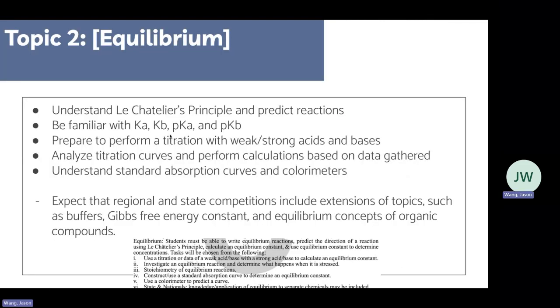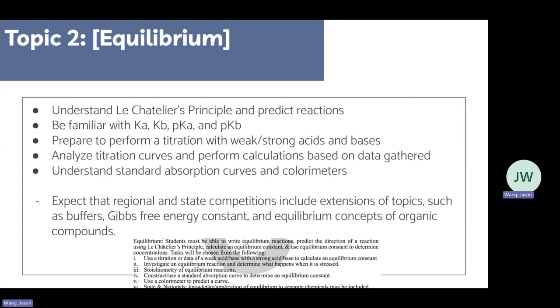Prepare to perform a titration. Titrations are the easiest experiments out there. It's easier to set up for the test writers, especially in a high school setting. If you're going to compete in a high school with universities, like Georgia Tech, they could provide you with a different experiment because they have more resources to do so.